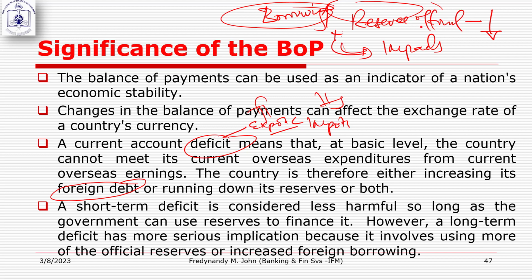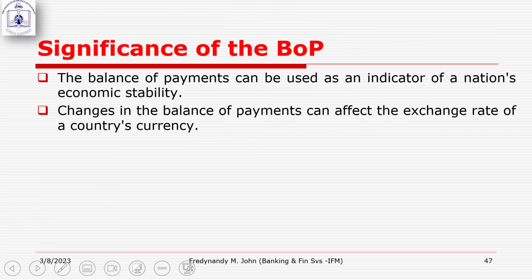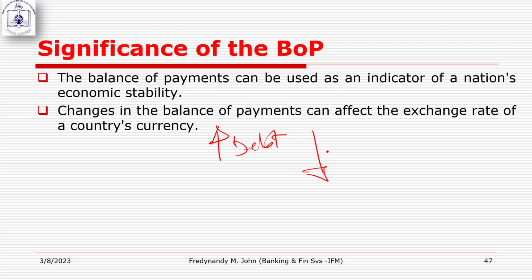And if you use more of the official reserve, as I mentioned earlier, the official reserve is going to decline, and due to excessive foreign borrowing, the country's external debt will rise. So now, in a situation like this, with rising debt and a significant decrease in your official reserve, you might end up in turmoil.